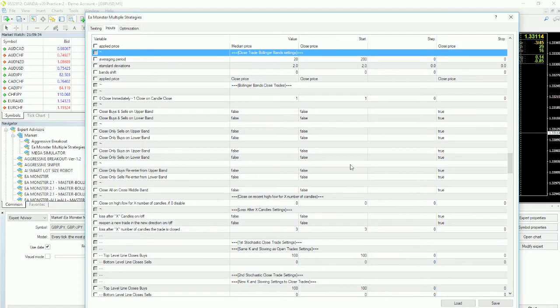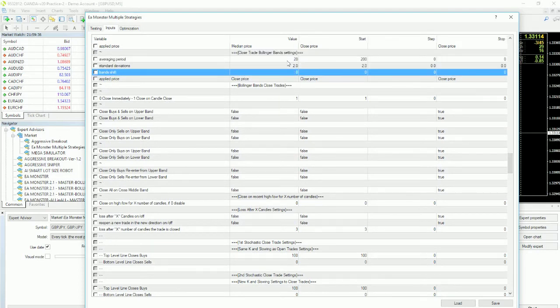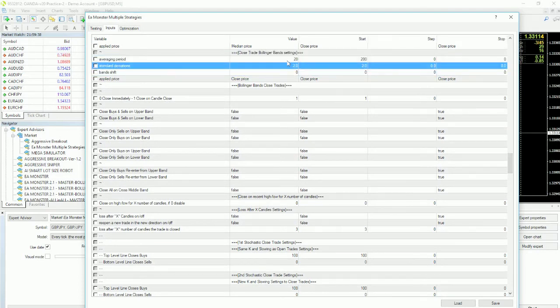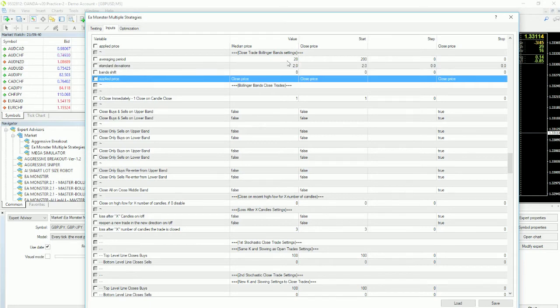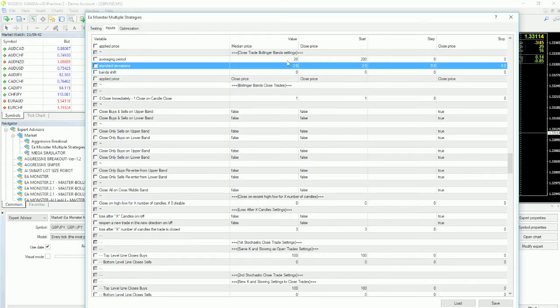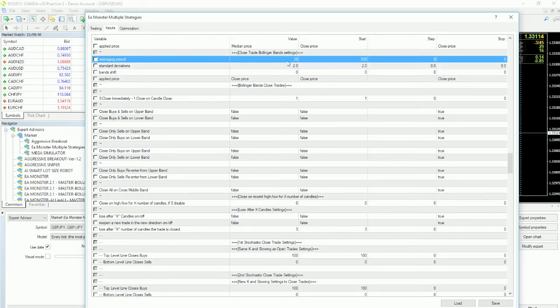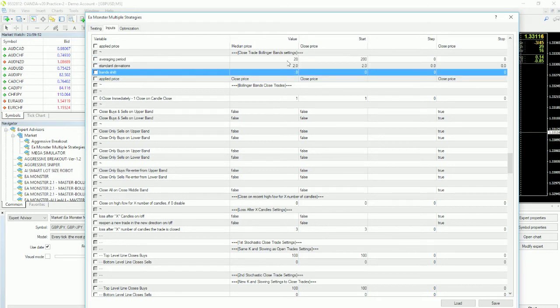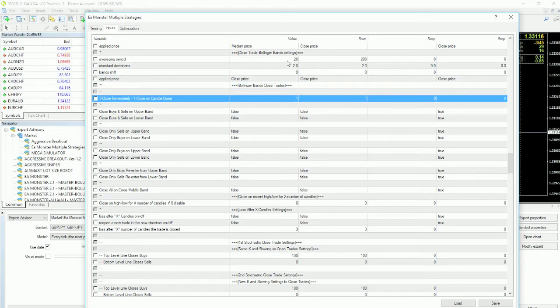This one's close trade on Bollinger Band settings. Obviously, this is all the Bollinger Band settings here, the average period, the deviations. Change the deviations to 2, 2.5, 3 to get different adjustments there.